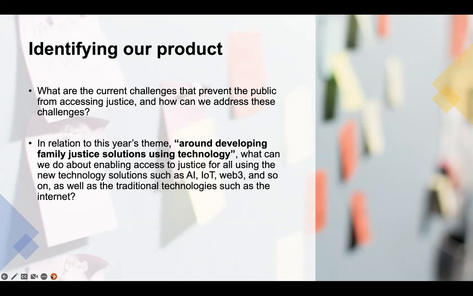But how can you proceed from an idea, and that solution to access to justice is the technology? It's an idea, but how can you transition from this phase to building an actual, existing product?